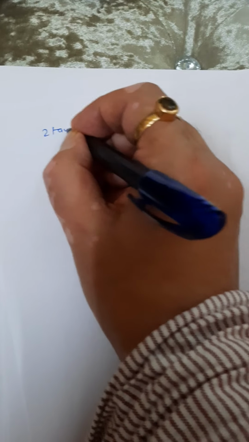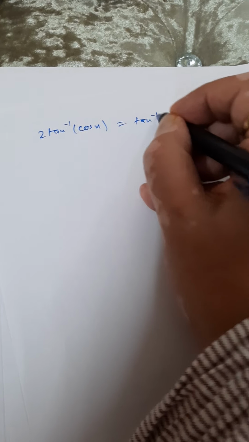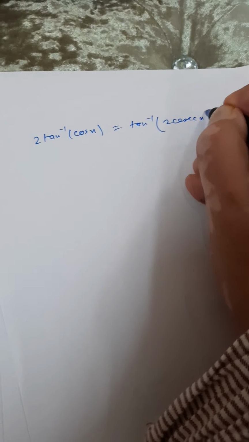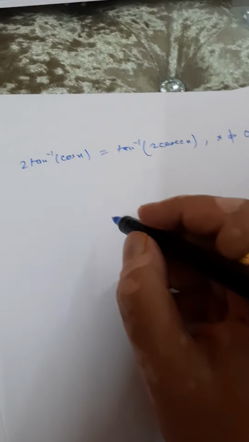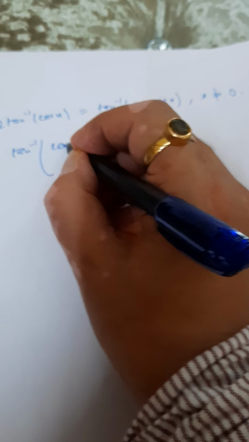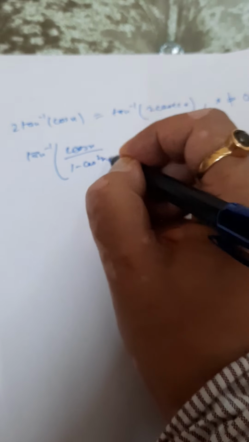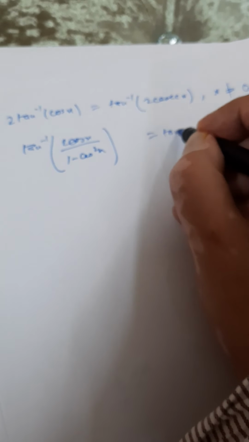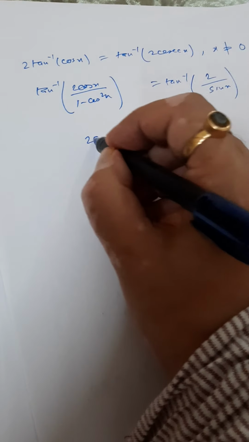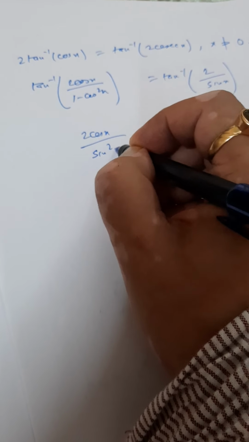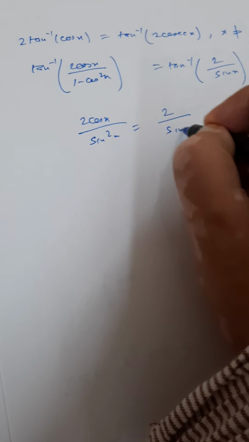Now you have 2 tan inverse cos x is tan inverse of 2 cosec x, where x is not equal to 0. Now you have tan inverse of 2 cos x upon 1 minus cos square x is tan inverse of 2 by sin x. Now you have 2 cos x by sin square x is 2 by sin x.